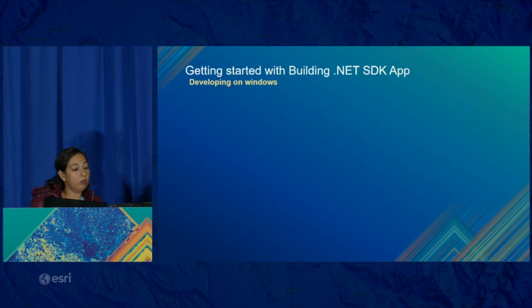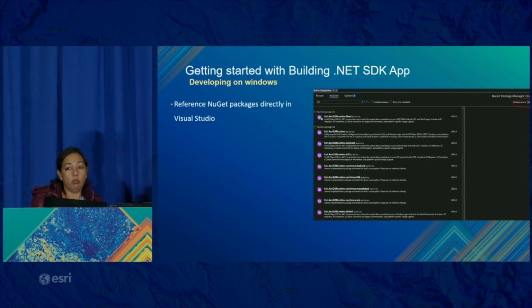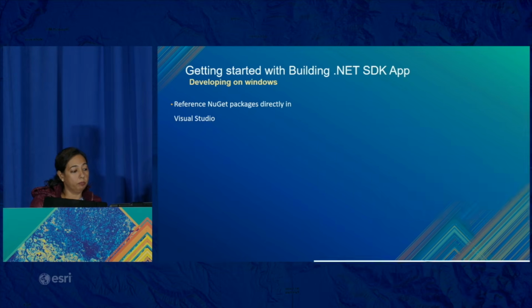So how do you get started with building an app with .NET Maps SDK? As I mentioned, it's a cross-platform tool. You can develop on Windows or you can develop on Mac. If you're developing on Windows, you can use Visual Studio and use any of the Microsoft MAUI templates or any UI framework template that you are targeting, and use references and NuGet packages directly from Visual Studio.